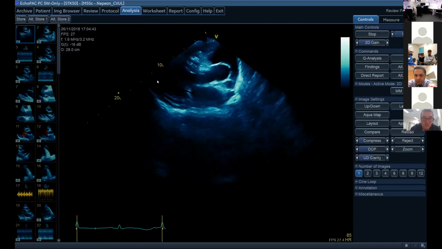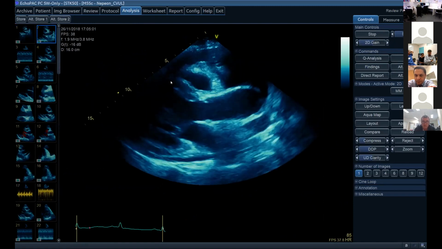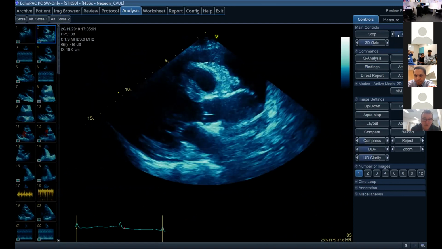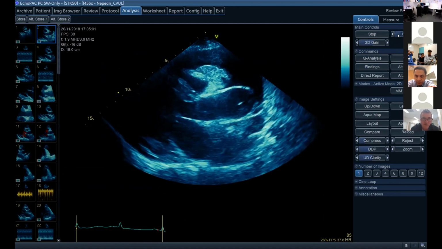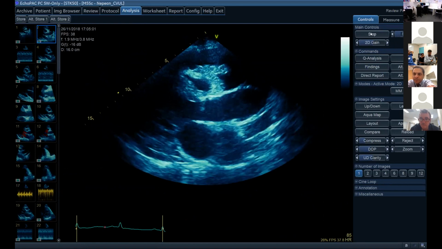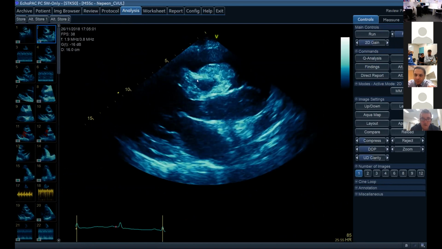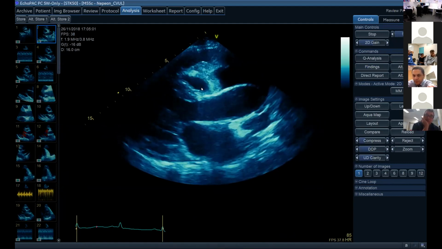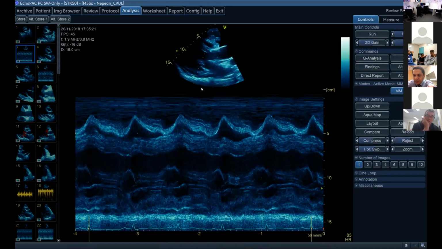Well, you can use a parasternal long axis view to look at the top bit, but you can also look at apical four chambers. I'll just slow it down for you. Does this come out okay? Yep, it does. So there we go. I think it's collapsed. There is RV diastolic collapse there. You can also put M-mode in that. Late diastole, we've got late diastolic collapse of the right ventricle. And what's the rule if we're seeing it in one view? I'm going to confirm it in another view.